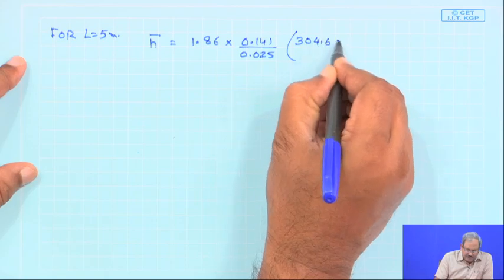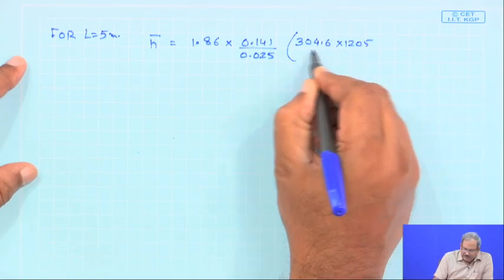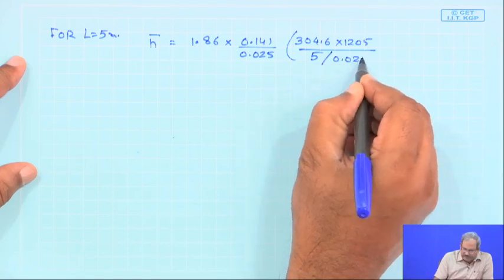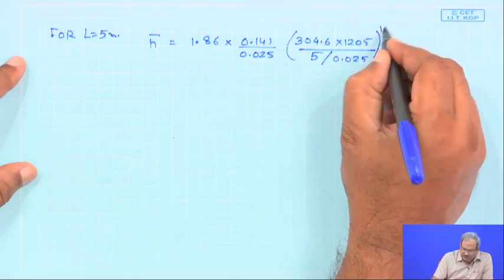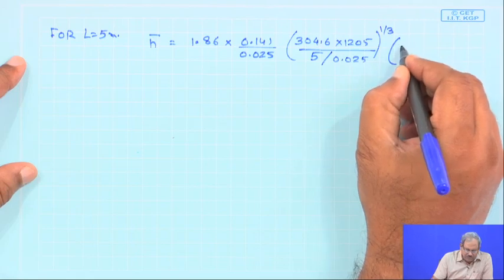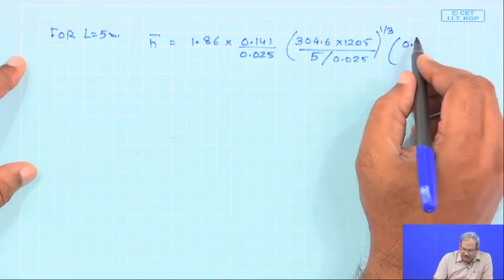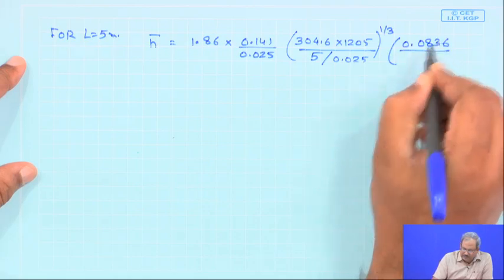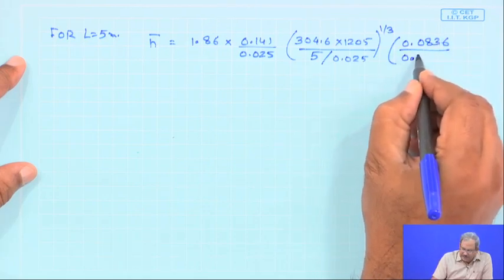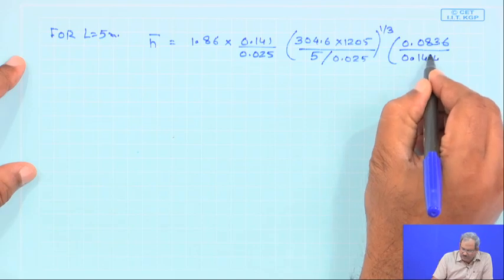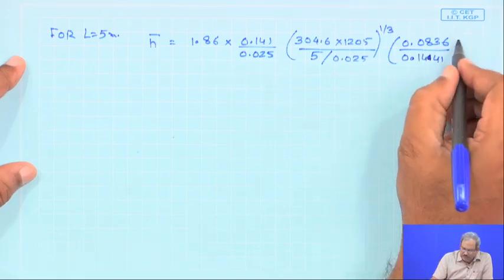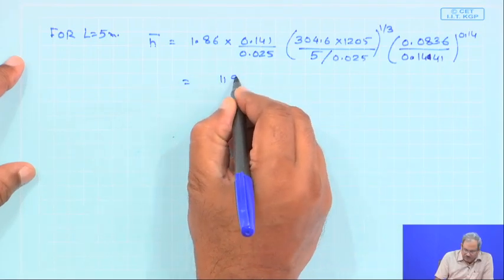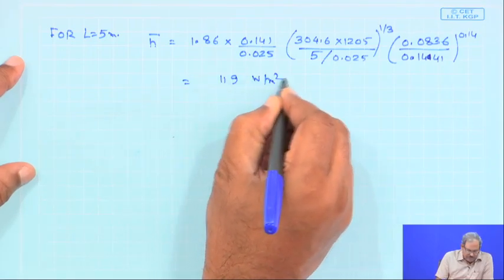Reynolds number, Prandtl number, the length of the tube divided by the diameter to the power 1/3 and mu by mu s. So, the viscosity based on the bulk temperature, which is 0.0836, and the viscosity at the temperature of the wall to the power 0.14, and you calculate this H to be 119 watt per meter square Kelvin.